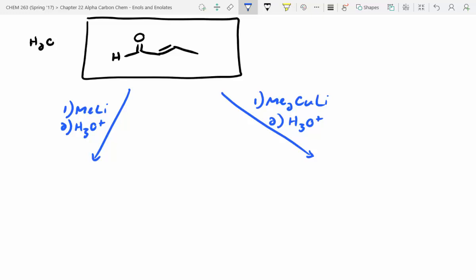So with methyl lithium, which carbon do you think is going to be attacked? The 1,2, so the carbonyl carbon. Okay, so if we consider this reaction, we would end up with our 1,2 addition.